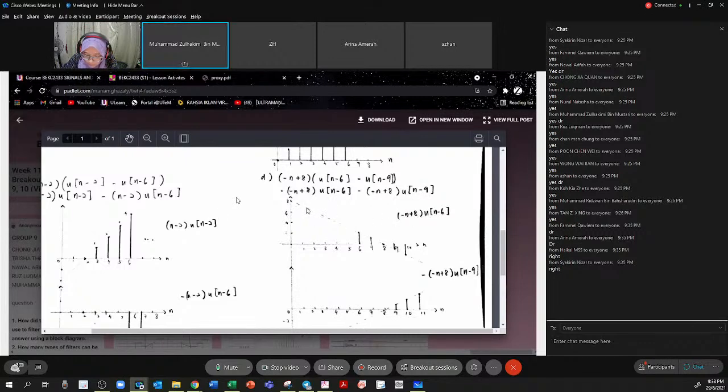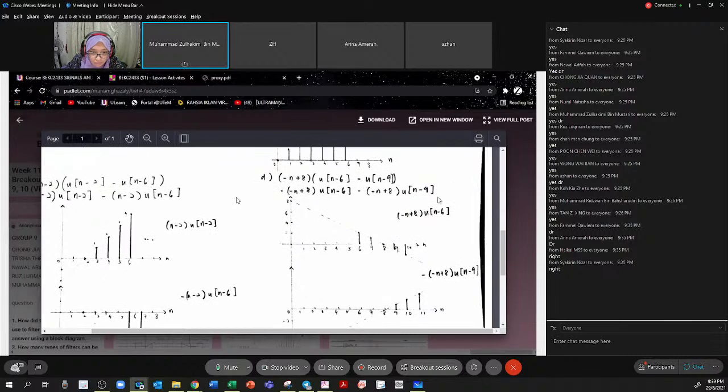So the intercept is at 8 and we make a line from 8. The discrete time signal starts at 6 because here we have time shifting at 6, so we start from 6 until infinity.